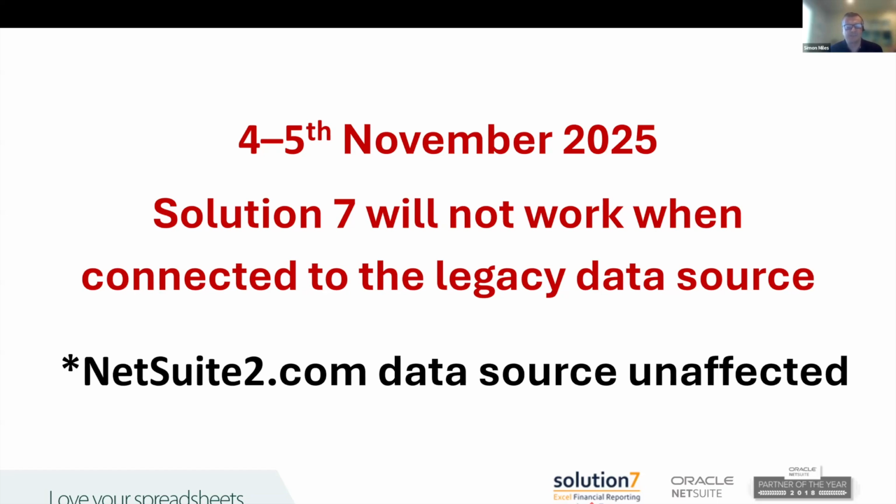I'll repeat that: from the 4th to the 5th of November, Solution 7 will not work if you connect to the legacy data source. So if you don't want to be affected by this test window, you've got just over a month to migrate to NetSuite2.com.